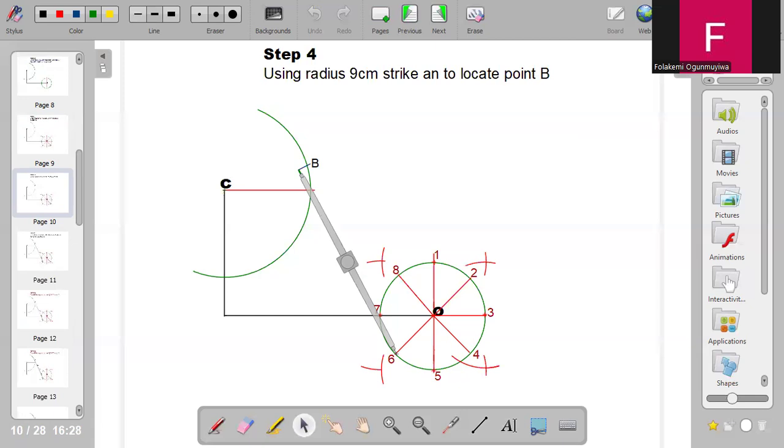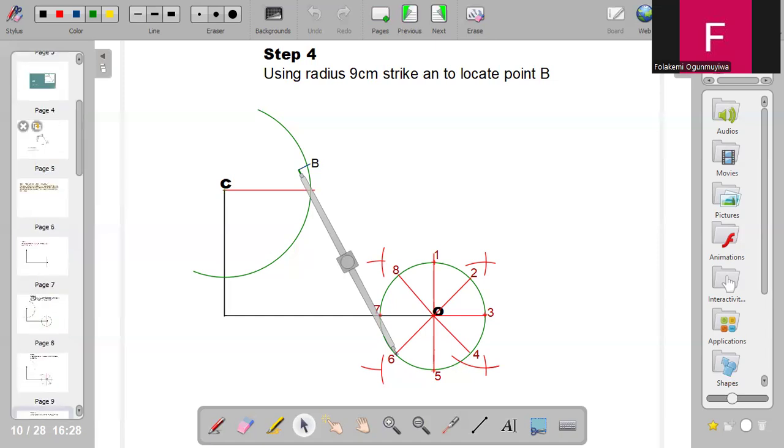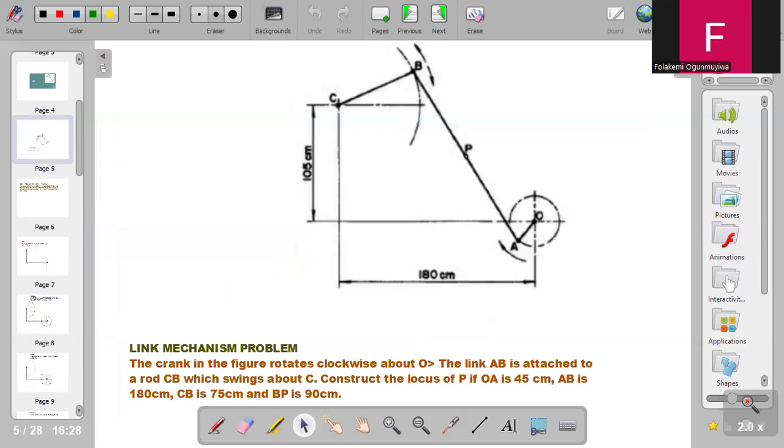Let me take you back to the initial drawing. This is the initial drawing where you have AB. The length of AB is given from the question to be 180. Now 180 divided by 2 will give us 90. So we are measuring 9 centimeters. So what we want to get now is this length. So let's move on.